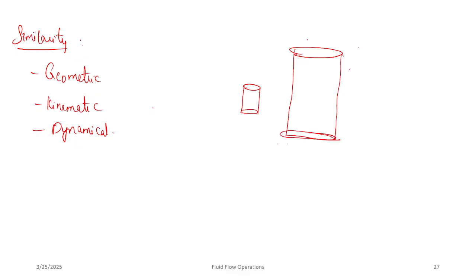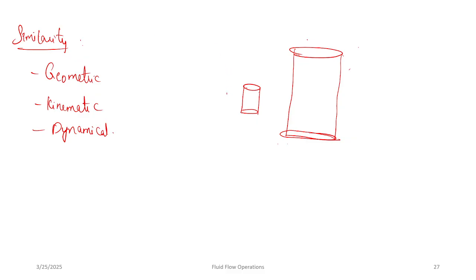Okay, so in this case, all the dimensions can be of different size. They'll be of the same shape, but they can be of different geometric dimensions. Okay, but there should be a proportionality between them.